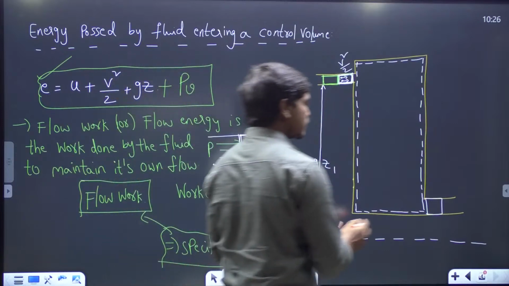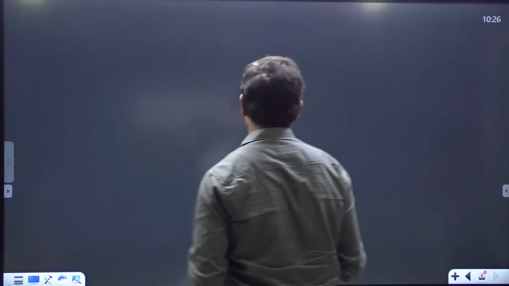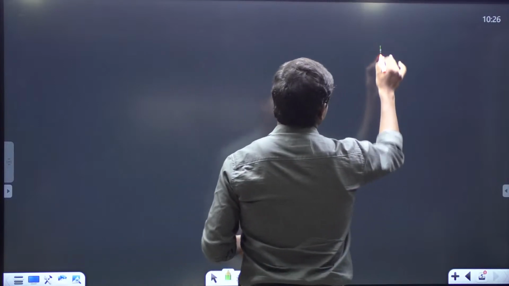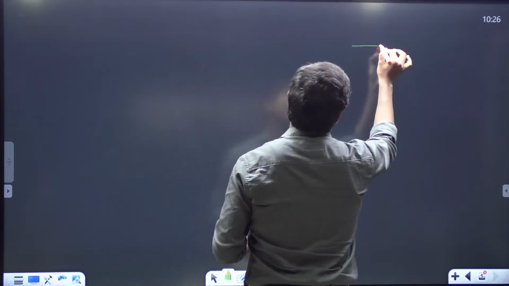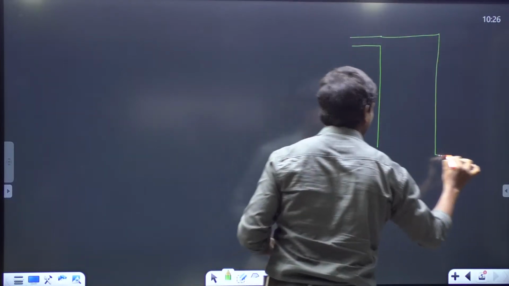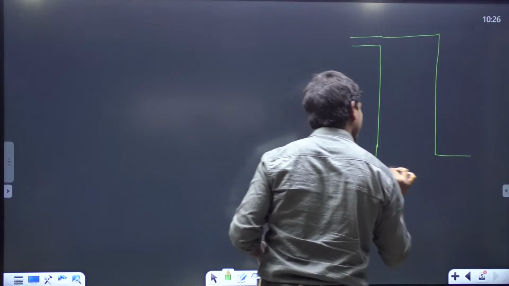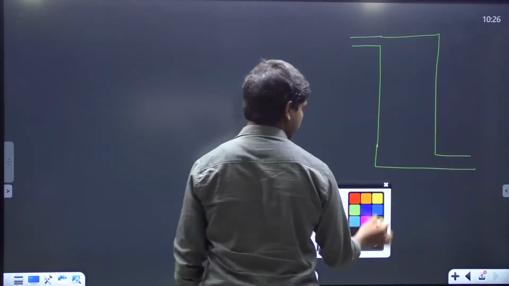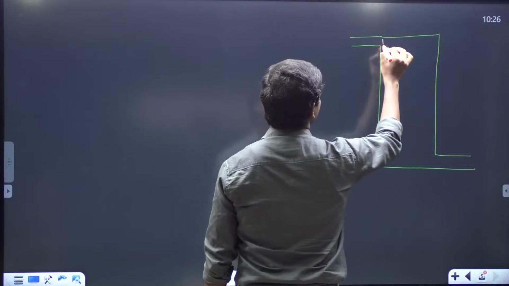So let us start our analysis from this particular point. So see here. Let me draw now. So this is my boundary this time.